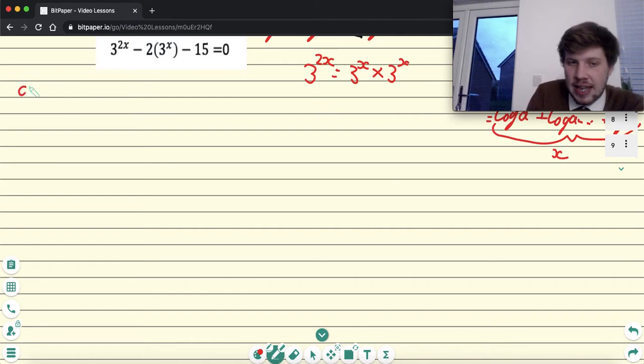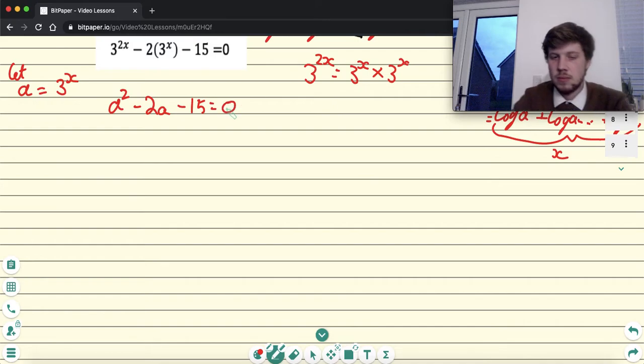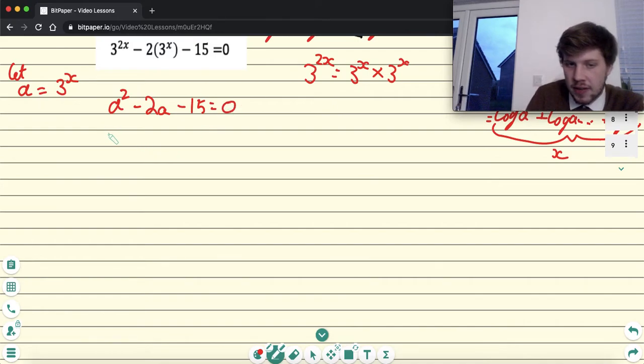So I'm going to say let a equal 3 to the power of x. When I rewrite this, this is going to be a squared, this is 2a, and this is 15. Factorising, I get a subtract 5, a plus 3 equals 0.